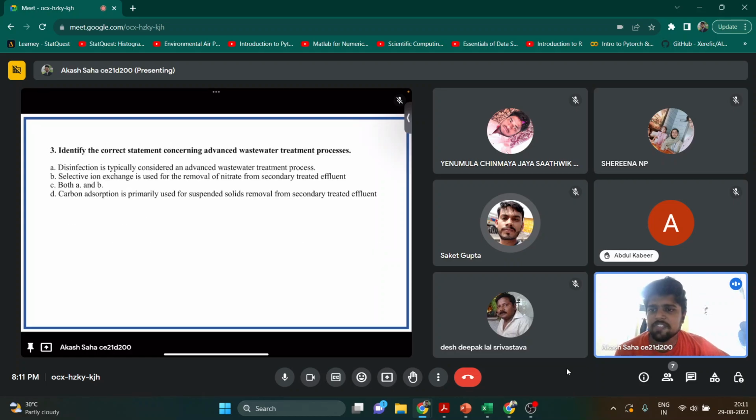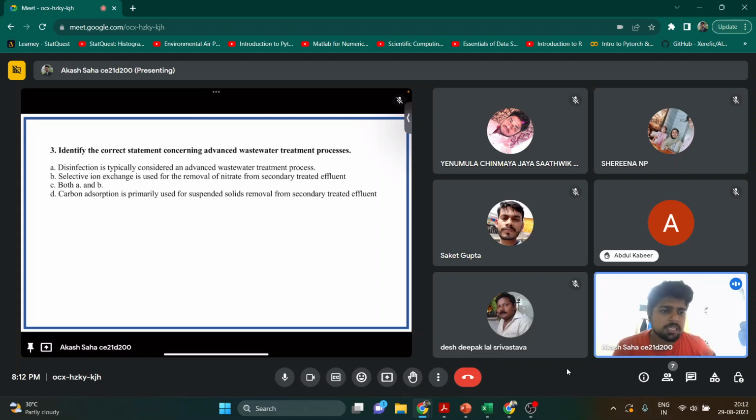Now identify the correct statement concerning the advanced wastewater treatment. Disinfection is typically considered as an advanced wastewater treatment process. Selective ion exchange is used for removal of nitrate from secondary treated effluent. Both A and B, and carbon adsorption is primarily used for suspended solids removal from secondary treated effluent.